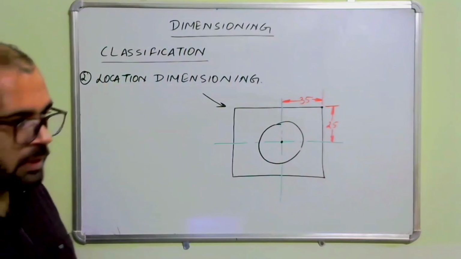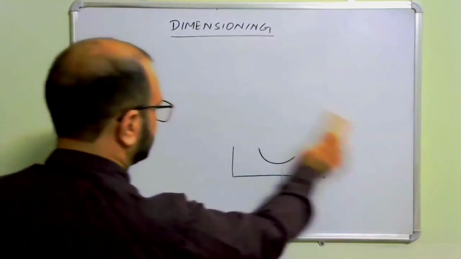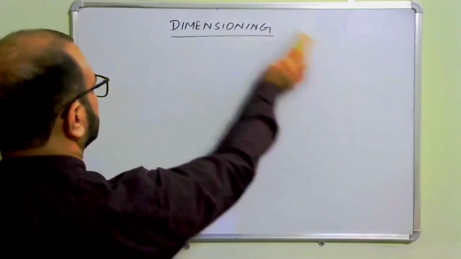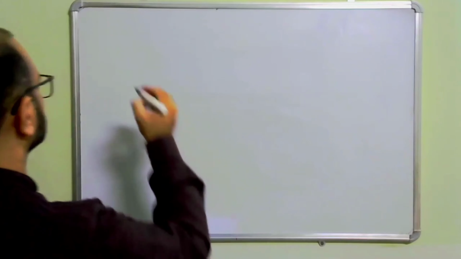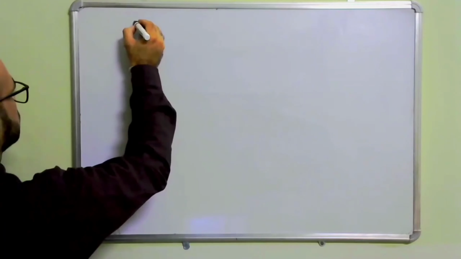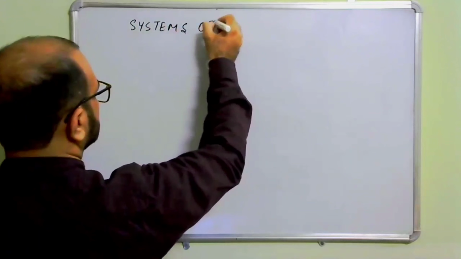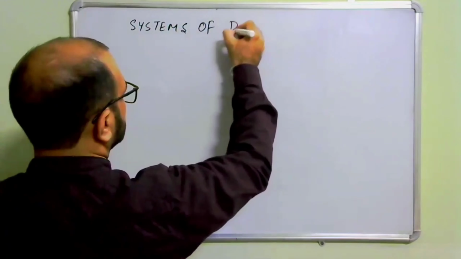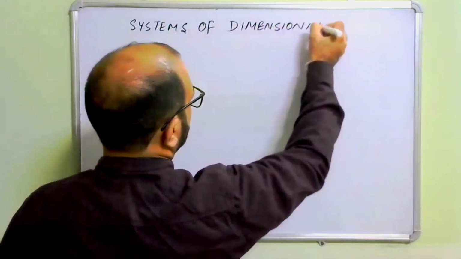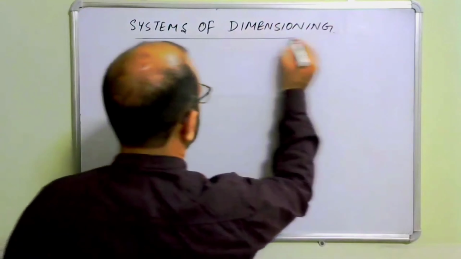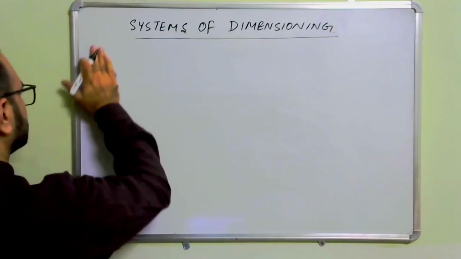So next is systems of dimensioning. Under dimensioning, there are two systems.